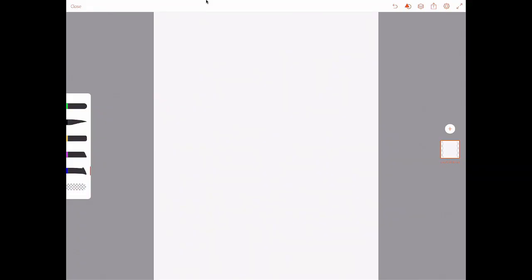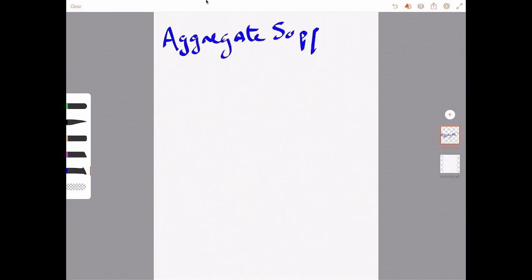Okay, so now we're going to be looking at aggregate supply. And the thing about aggregate supply is that there are actually two different aggregate supply curves. We're going to be using aggregate supply as a way to illustrate what goes on in the short run and in the long run.